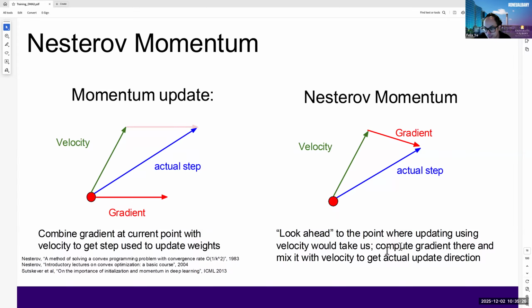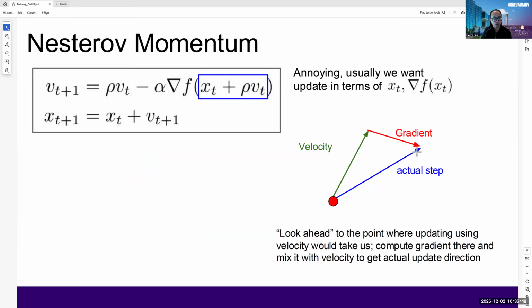We compute a gradient there and mix it with the velocity to get the actual update direction. So this is not the gradient of the current point. It's actually the point that we look ahead to, using hypothetically the future point's gradient information. Okay, so right here, this is the natural form of momentum.